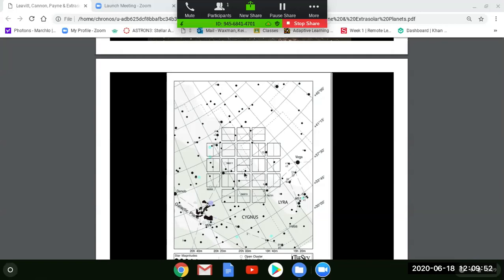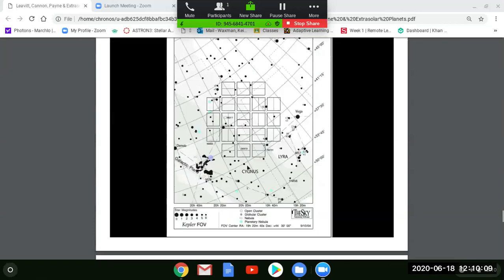And why did it need to last so long? You want it to have multiple dips in the light curve of a star. If you just had one, it's unconfirmed. But if you had more than one, especially two or three, then you can have a confirmed object, which would be a planet.